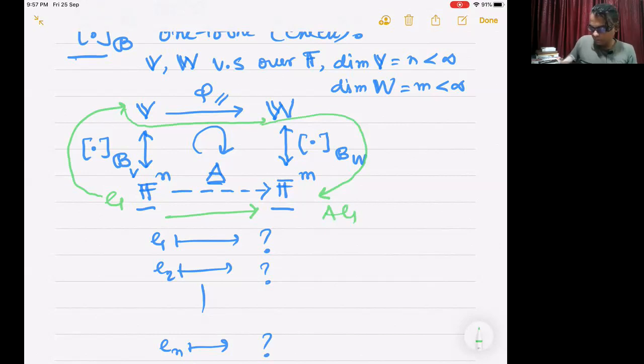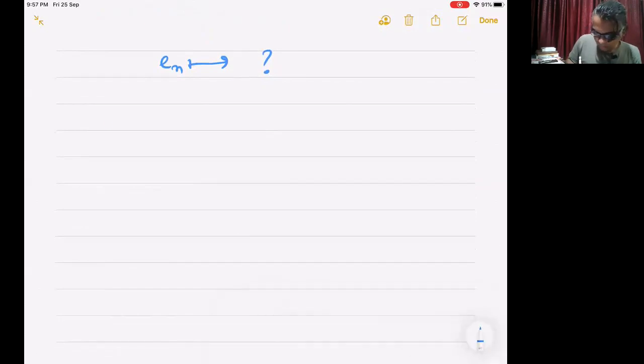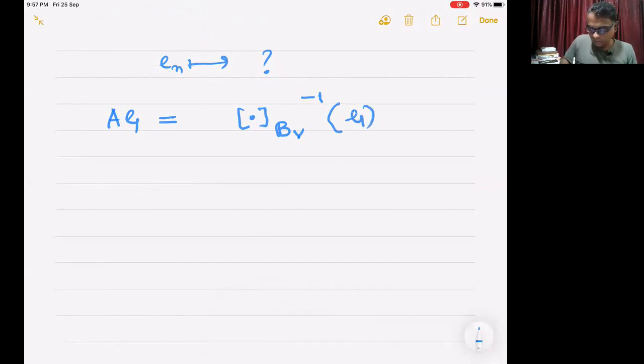So here is the deal. AE1 must be the same as BV inverse acting on E1, phi acting on this, and its representation in BW.